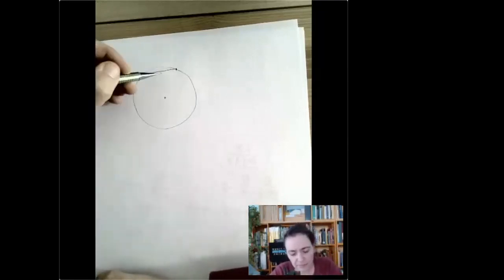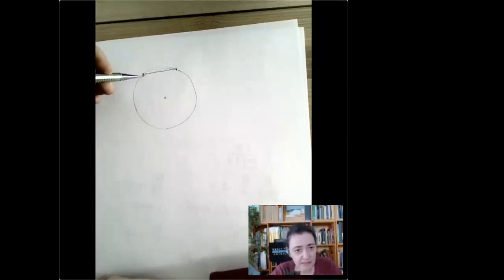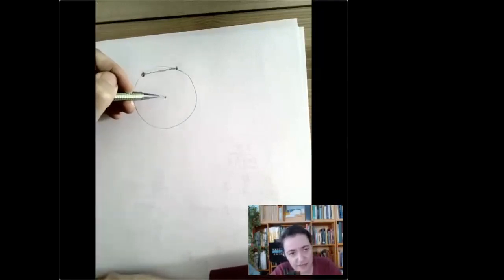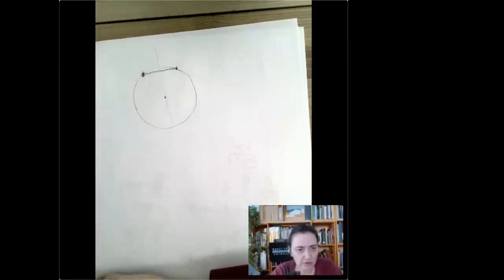And if we draw the perpendicular bisector of this line segment, that is the set of all points equally far from the endpoints of this line segment. Well, the center of the circle is one such point. It's equally far from these 2 points. So in other words, any chord's perpendicular bisector will contain the center of the circle.